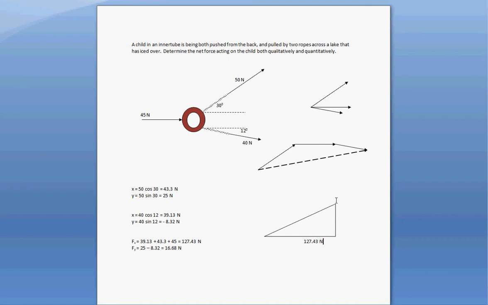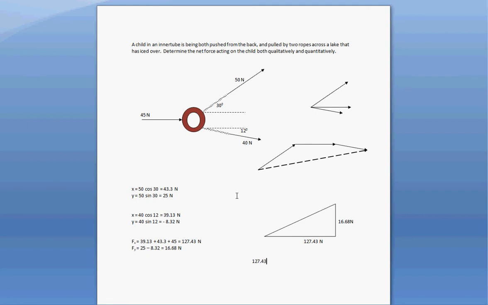And this side, the upside, is 16.68. Now we're just going to determine this, and we can use the Pythagorean theorem to determine this.